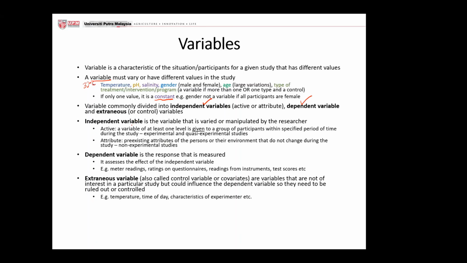The temperature in the aquarium, for example, is something you can control. That becomes your independent variable. Whereas if it's something that you measure, that is your dependent variable. Always think about the dependent variable as the effect of the independent variable.